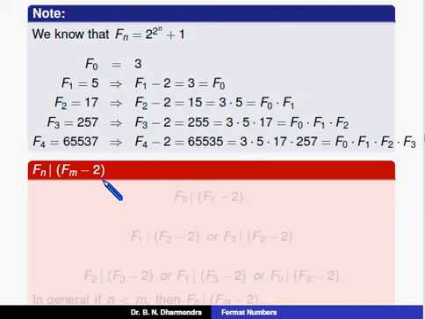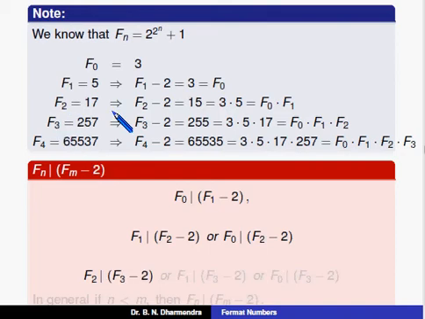So by using this concept, F0 divides F1 minus 2, F1 divides F2 minus 2, and F0 divides F2 minus 2. Similarly, F2 divides F3 minus 2, F1 divides F3 minus 2, and F0 divides F3 minus 2.